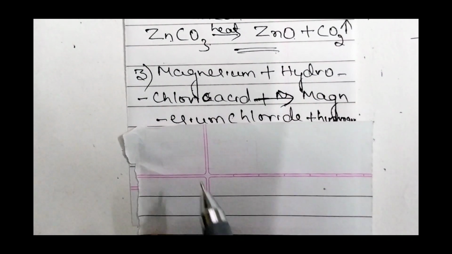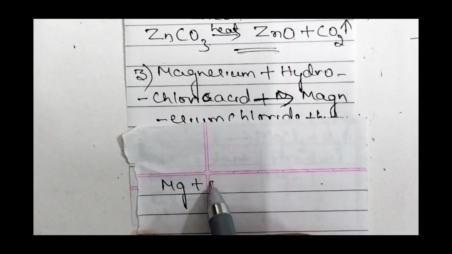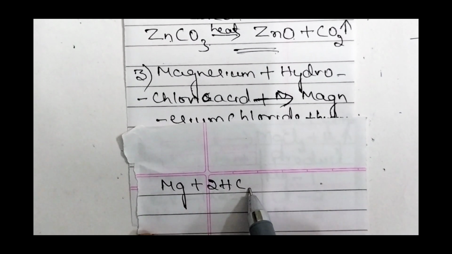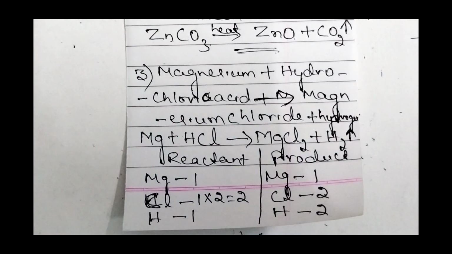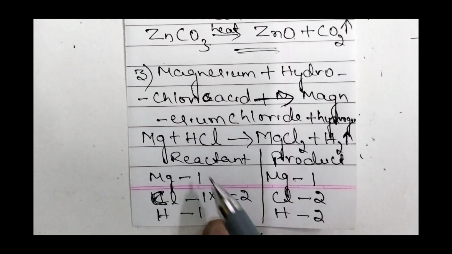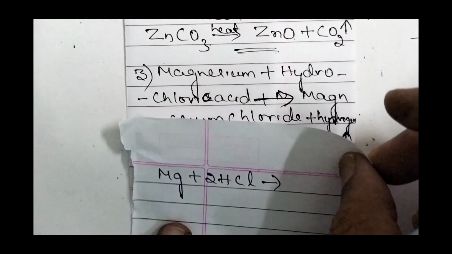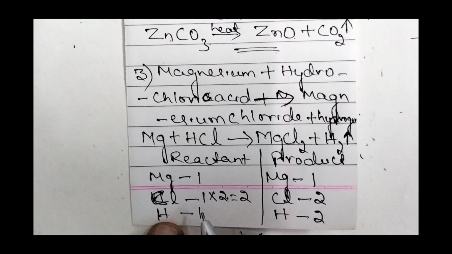So how much will we get now? Mg plus 2HCl give rise to, see here. When chlorine is multiplied by 2, not only the chlorine is multiplied by 2, 2 is also multiplied to hydrogen. Therefore instead of 1 we have to write 2 hydrogen.